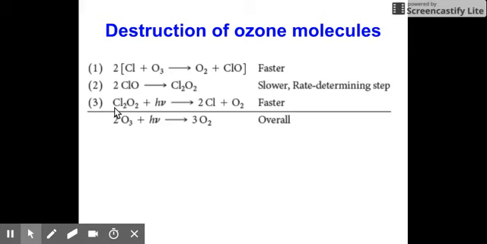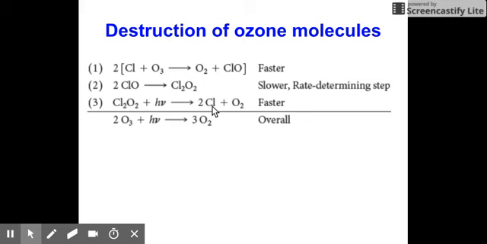On the other hand, you see that the chlorine is being retrieved at the end and it starts the reaction. Chlorine is considered the catalyst because without chlorine, this reaction will not happen. But this same chlorine will still be generated at the end of this series of reactions. So it's considered your catalyst.